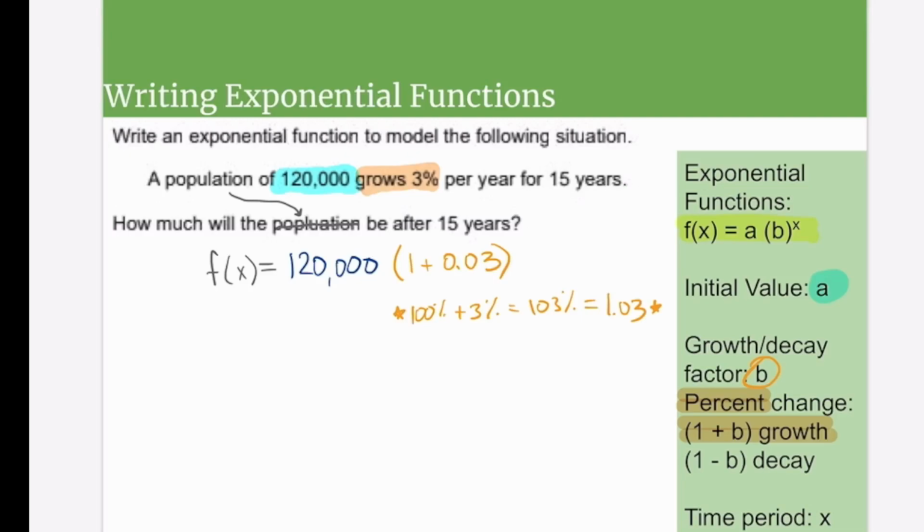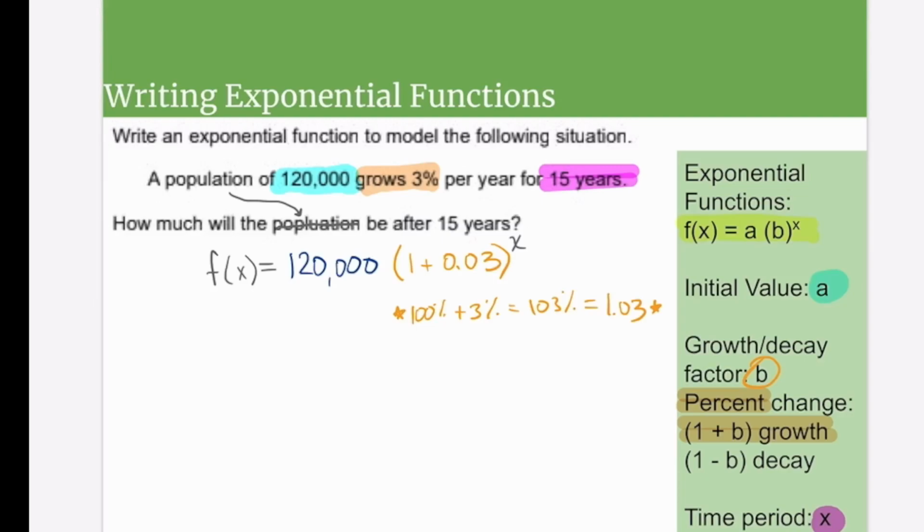And then x is your time period. In this case, we're actually told what our time period is. Our time period is the exponent. In this case, it's 15 years. So I'm going to put x here for now so that I can explain where that comes from. So your time period is always going to be in years.